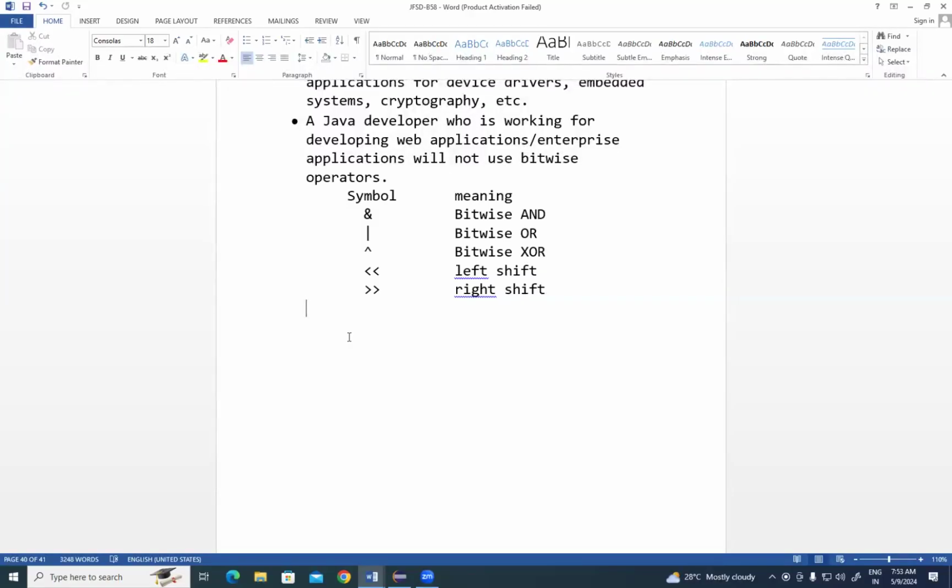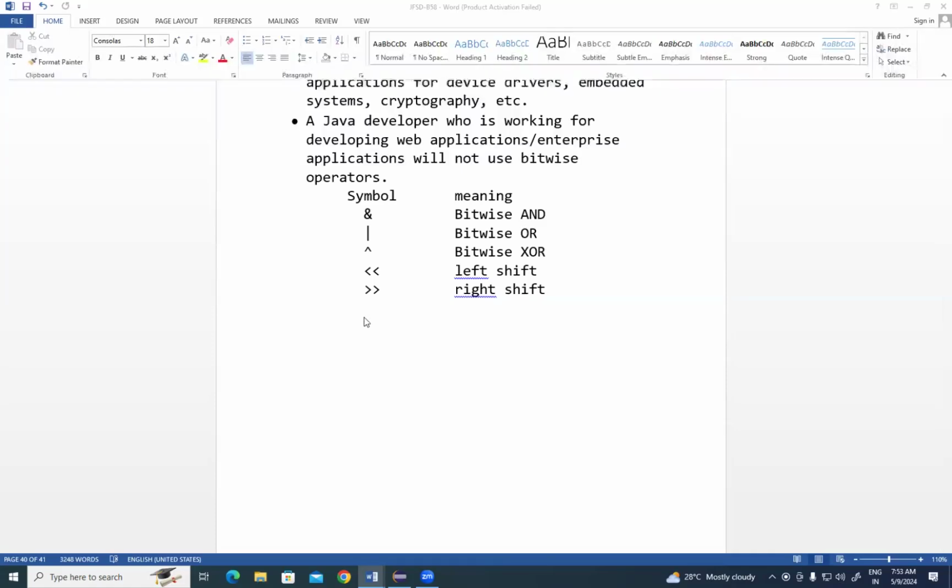Only for that reason, I'm explaining this concept. Generally, nobody will ask about bitwise operators in interviews, but by chance, if anybody asks, you have to answer. At least you should open your mouth. For that reason, I'm talking about these operators. Am I clear, folks? Let's continue.